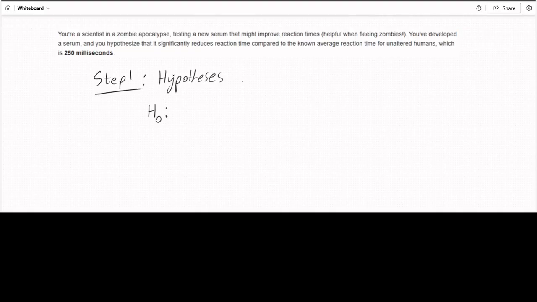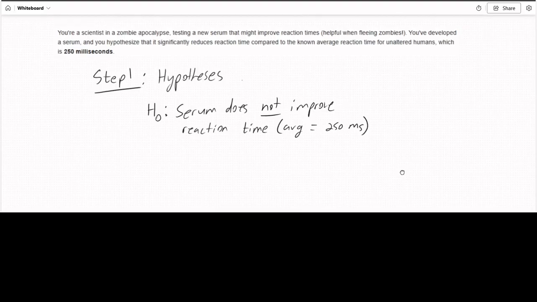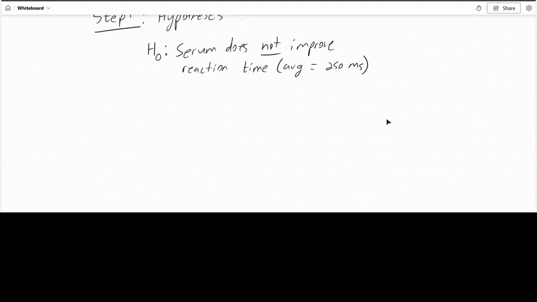And that default is that the serum does not improve reaction time. If this was just essentially like saline solution, it's just not helpful to us at all.